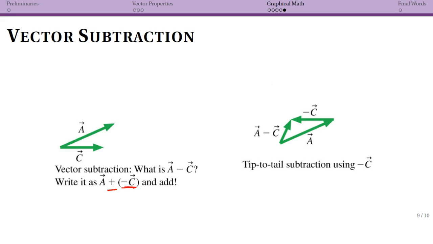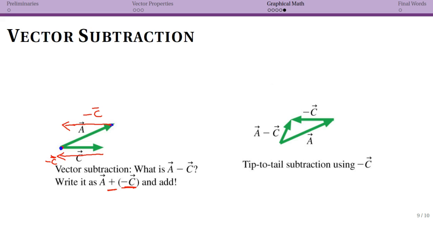And so what that means is that I initially have my 2 vectors starting from the same point. I want to create -c, and then I'm going to, remember, go from the base and then go to the tip, and then I'm going to add my vector there, which is a little challenging to draw.